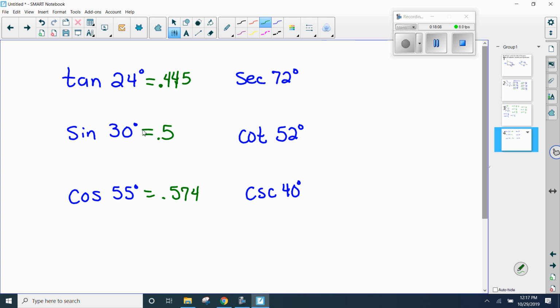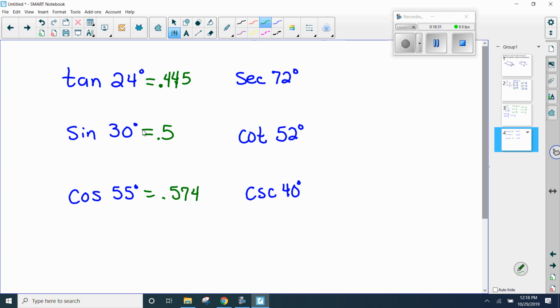Now it gets a little more tricky when you start talking about secant, cotangent, and cosecant, because it's the reciprocal. Opposite means you're going to negate it. So is it secant or cosecant that's the reciprocal of sine?